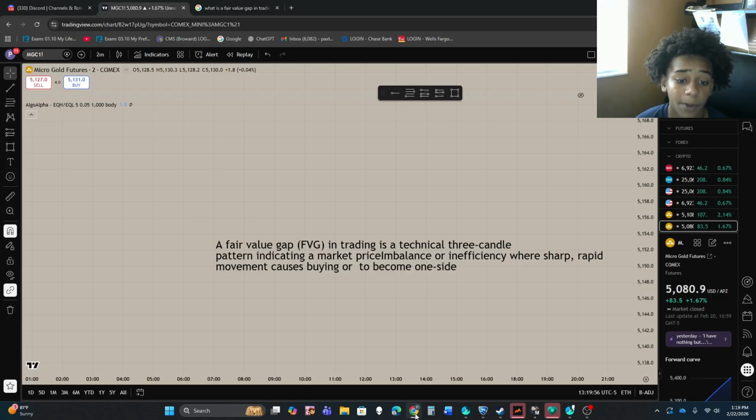A fair value gap, otherwise known as an FVG, in trading is a technical three-candle pattern indicating a market structure imbalance or an inefficiency in price, where a sharp, rapid movement is caused by buying or selling pressure to one side.